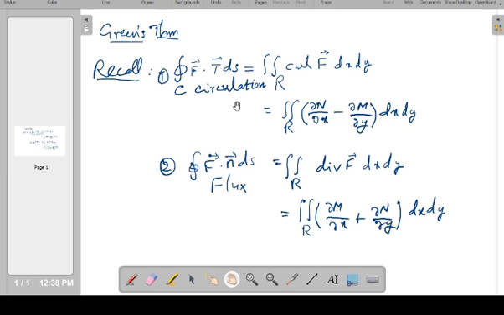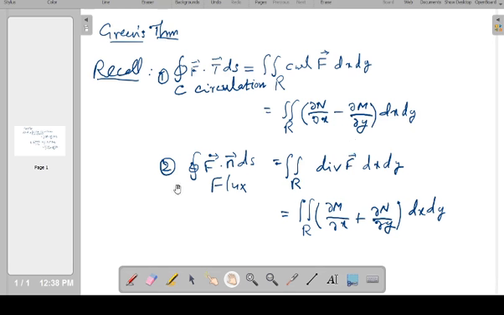And that circulation is related with the curl of F. So circulation and curl are related by way of Green's theorem. So that circulation is equal to the double integral over R of curl of F dx dy. What is curl of F? By definition, curl of F is nothing but dou N by dou x minus dou M by dou y.